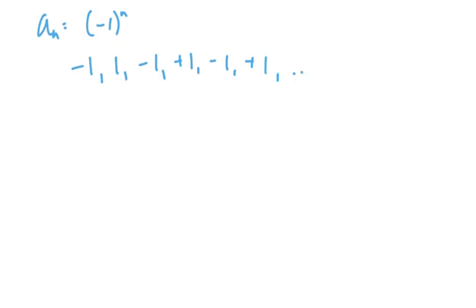So this is an alternating sequence where the values are just positive and negative 1 back and forth. If you were to look at the graph, it would just bounce back and forth exactly at 1 and negative 1. It's just going back and forth. So this one is not convergent. It doesn't come to a value. So since it's not convergent, then it is divergent.